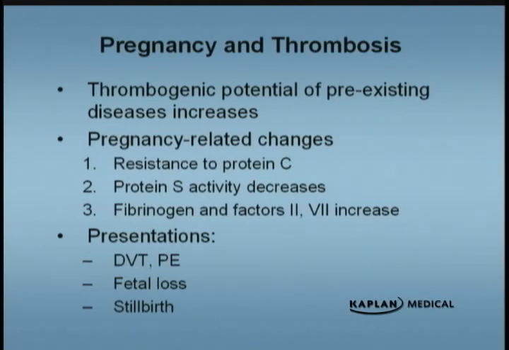Most of the patients will develop DVTs or pulmonary emboli. But sometimes these patients, especially in diseases like the antiphospholipid antibody syndrome, the lupus anticoagulant, one of the common presentations of a hypercoagulable state, of a thrombophilia, is that the patient presents with recurrent fetal loss or stillbirth.